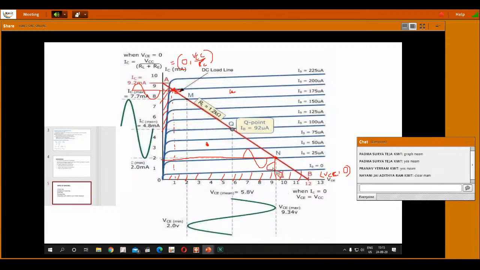If I apply a negative cycle, it may not be properly amplified, and again we have distortion. Some part of the negative cycle is distorted.